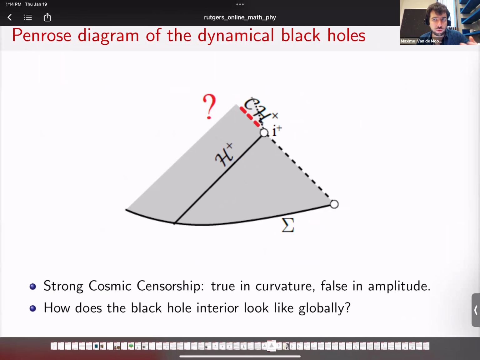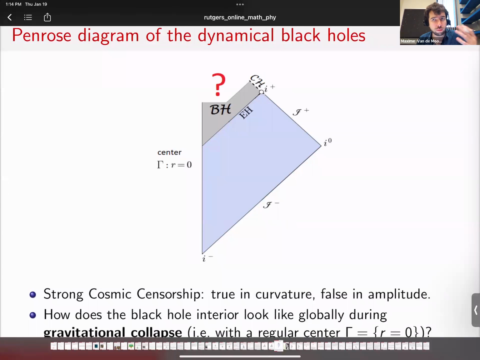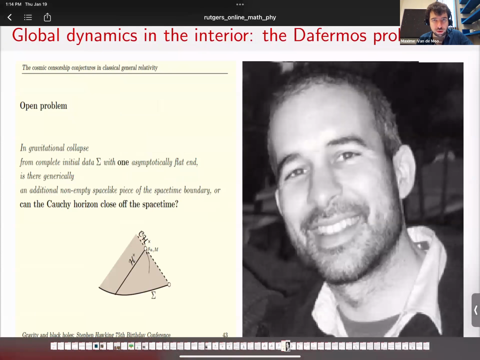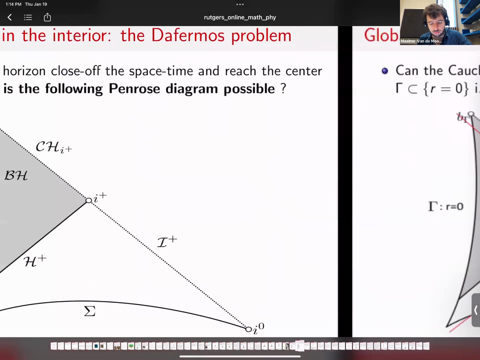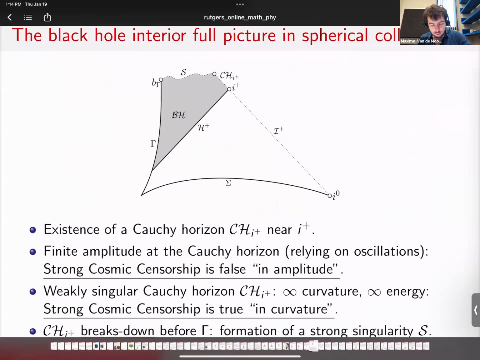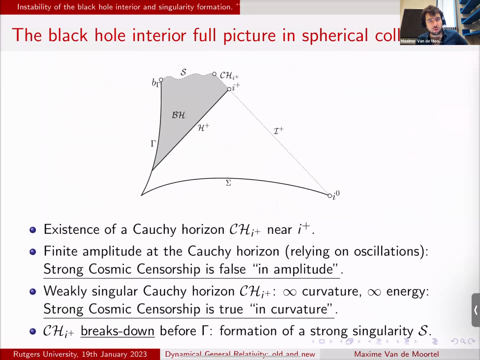And then you may ask how the rest of the boundary looks, and this is also a very important question that Penrose asked, and I don't really have time to explain to you my result on this, but let me get to the final picture.